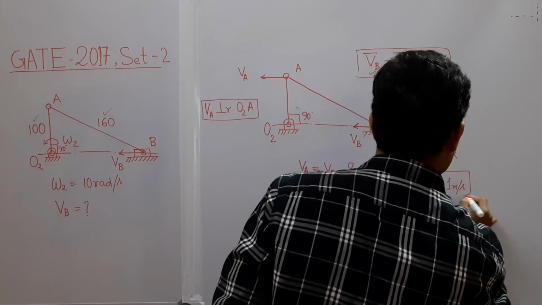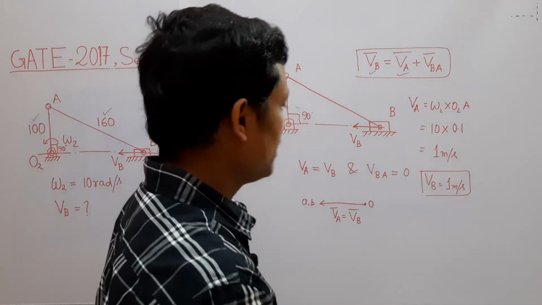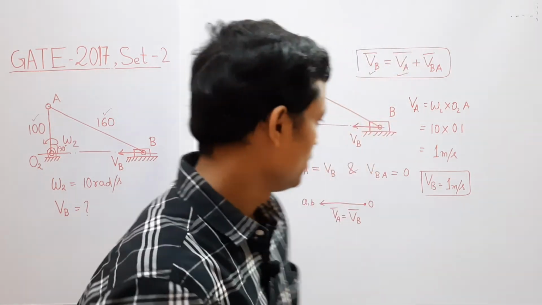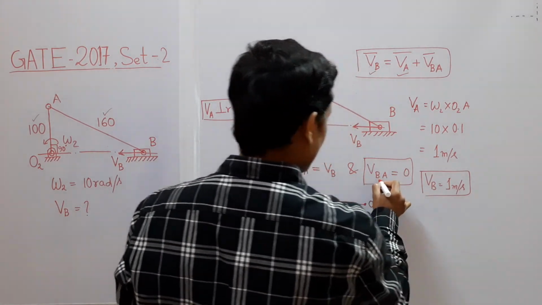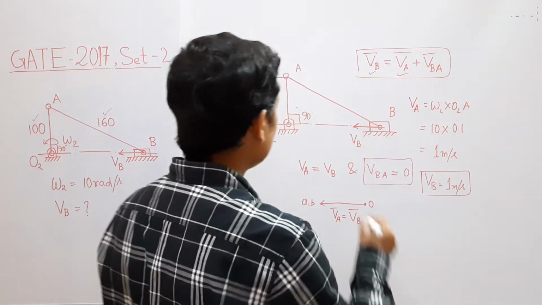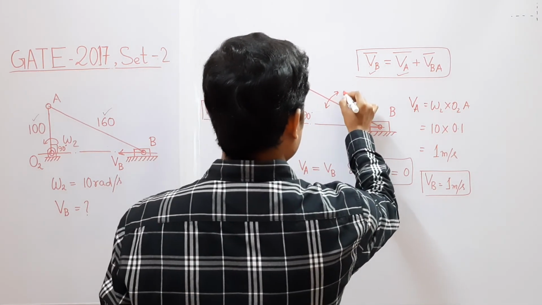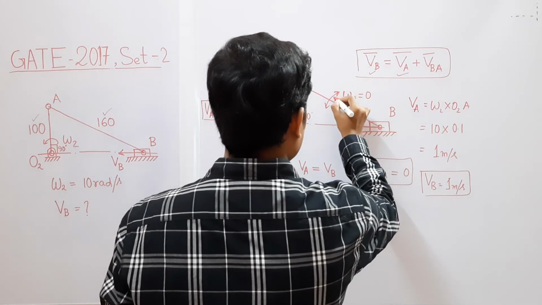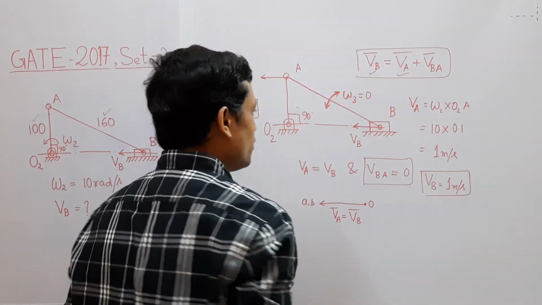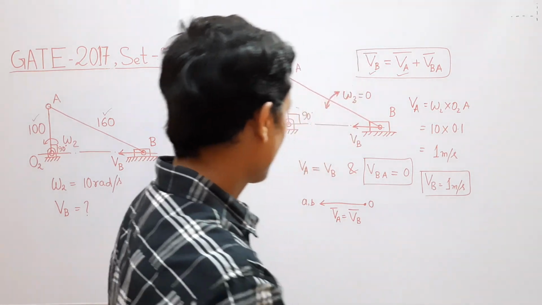So this is the answer. So we have determined the answer, very simple one. Now I have already discussed in velocity analysis class that if VBA is 0, then the angular speed of the connecting rod, that is omega 3, becomes 0. That is, at this instant the connecting rod is in pure translation.